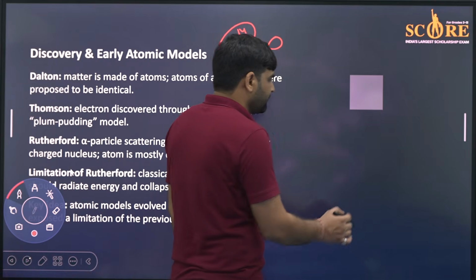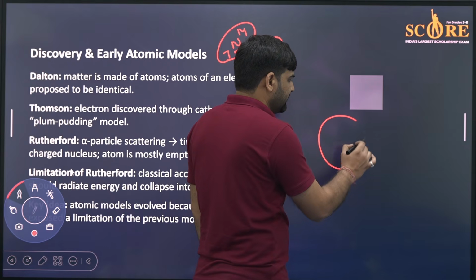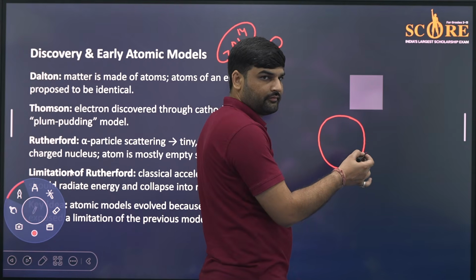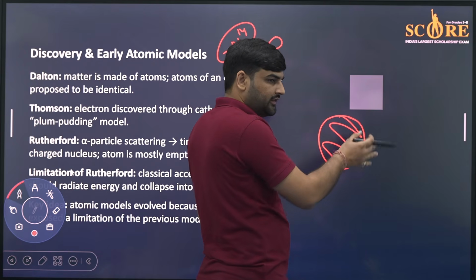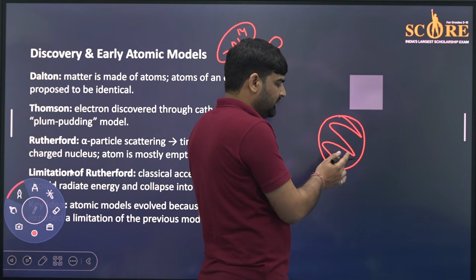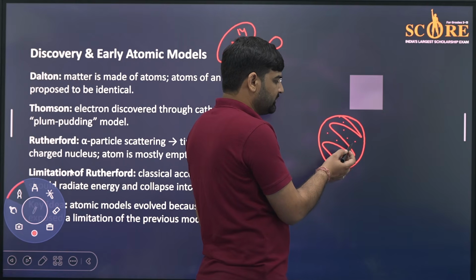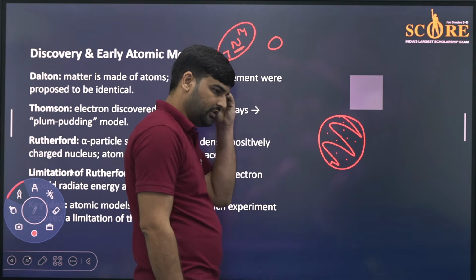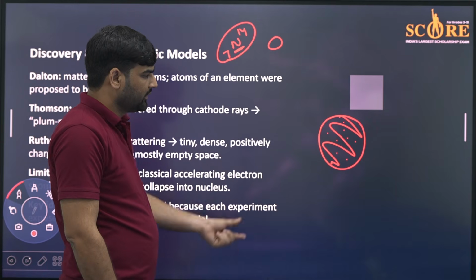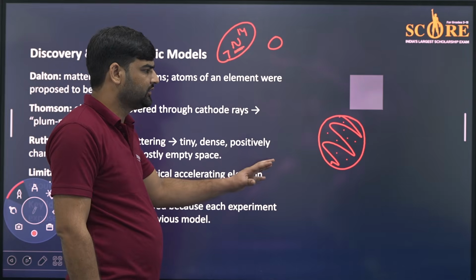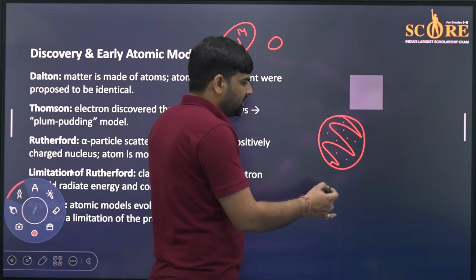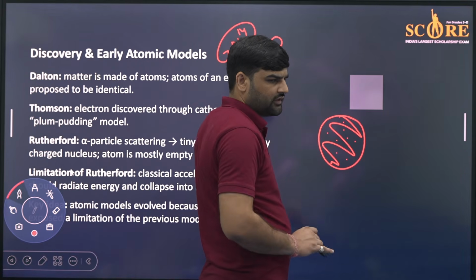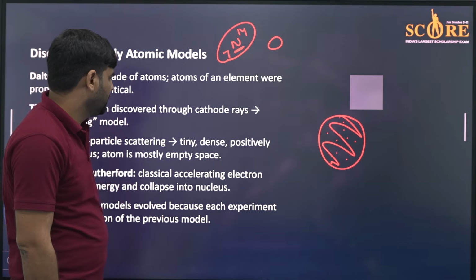He said that the atom is spherical in shape and the mass of the atom is uniformly distributed in the entire space of the atom, and electrons are embedded in it. According to this model, the atom is like a watermelon.